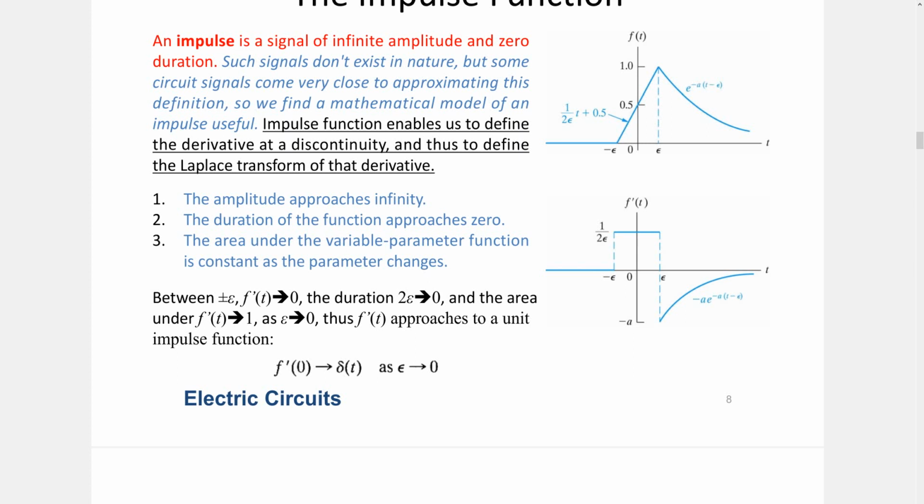Now, this really forces the math a lot. So we define a Dirac delta function to represent the impulse function, which is an extended function to help us get rid of this discontinuity.